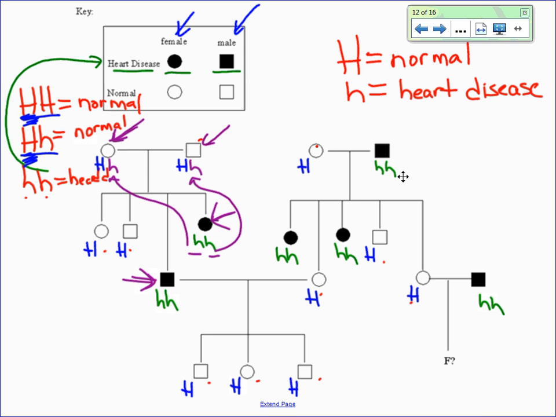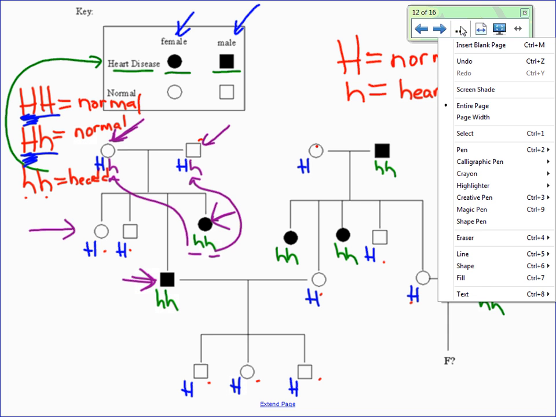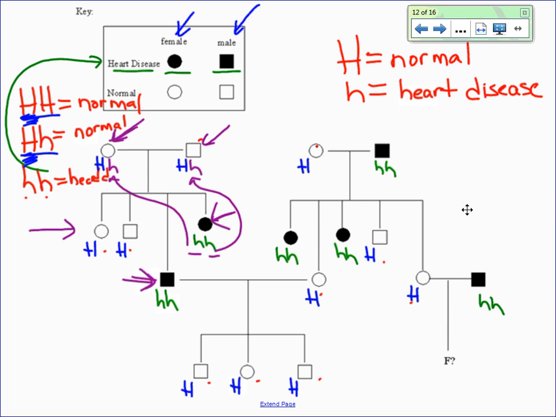However, we got to be careful because what happens over with these 2 individuals on this side is that we wind up in a situation where we still don't know what they are. All right, it is possible in those scenarios that, we get our magic pen out for a second, it is possible that this parent gave a big H and this parent gave a little h, which would make that person big H, little h.